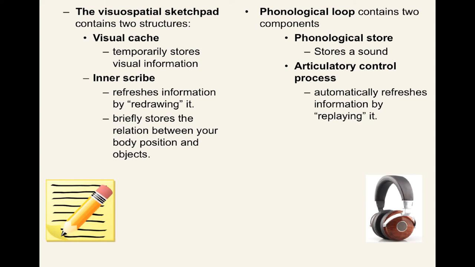But it can also, perhaps at a later date, draw that car from memory, and that would be something that the inner scribe might do for us. The phonological loop, in contrast, has the ability to process things based on sound, and so it can store a sound and it can create it from memory by replaying it for us.